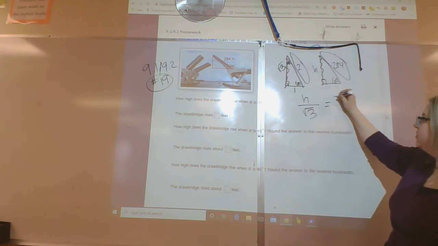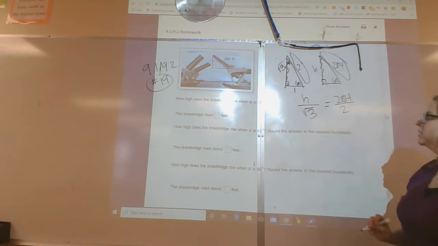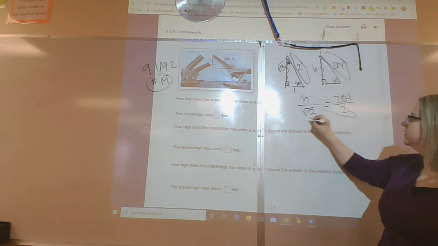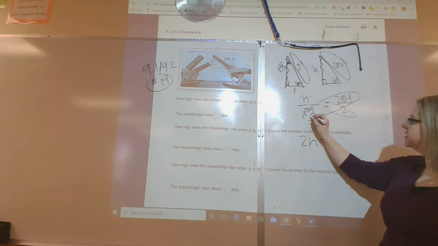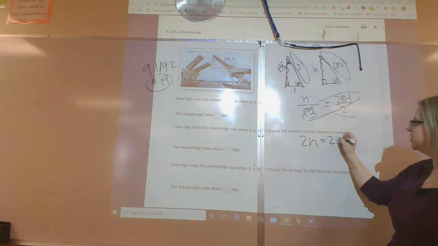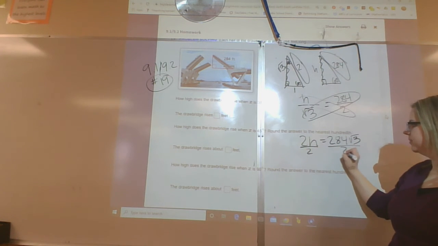So I'm going to do h over square root of 3 equals 284 over 2. Cross multiply. I get h times 2, which is 2h, equals square root of 3 times 284, which is 284 square root of 3. Divide by 2.